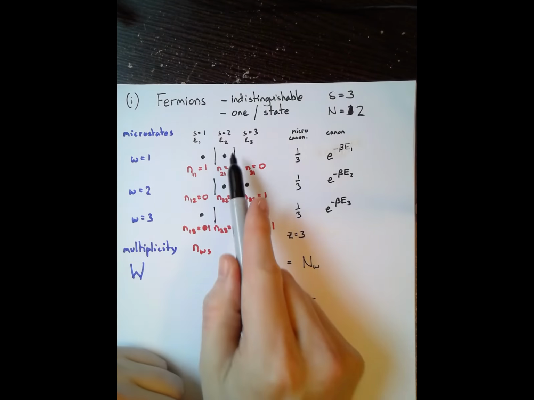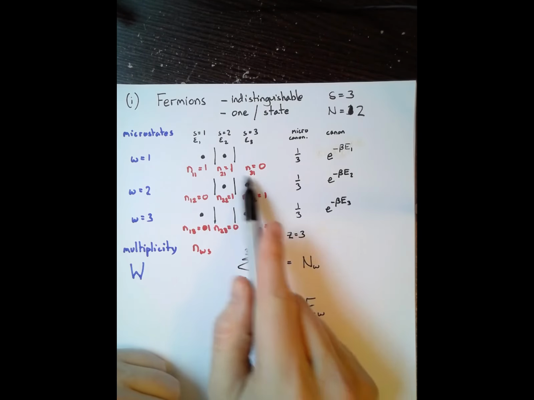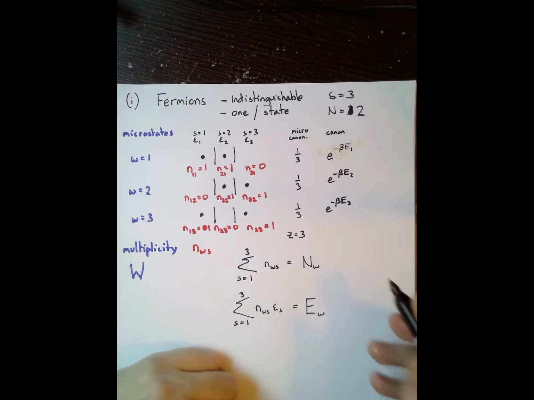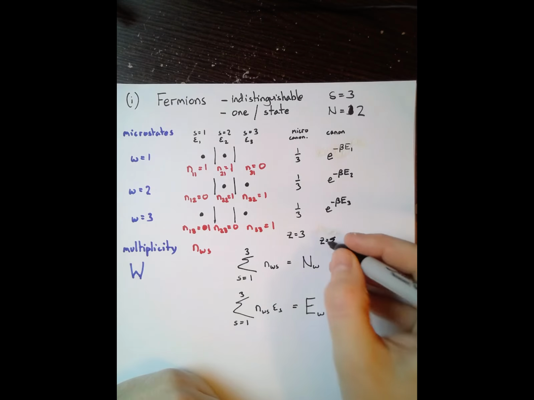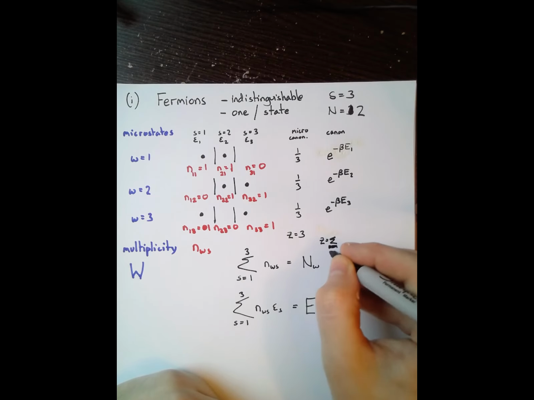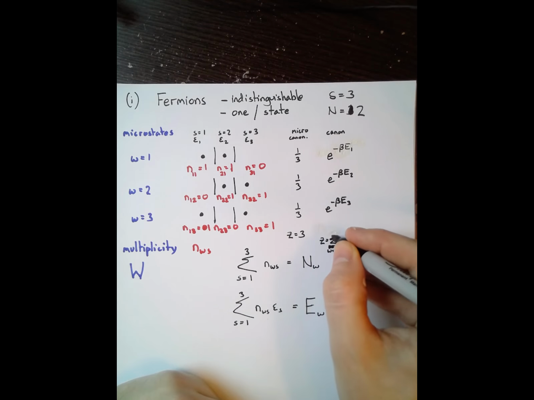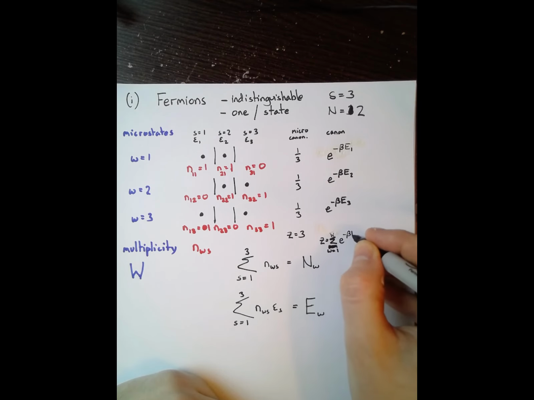That's the probability you'll find the system in this state, probability you'll find it in this state, and so on. And then the partition function itself is just the sum of the Boltzmann factors. So it's the sum over the microstates, W equals 1 to capital W, of e to the minus beta E_W.